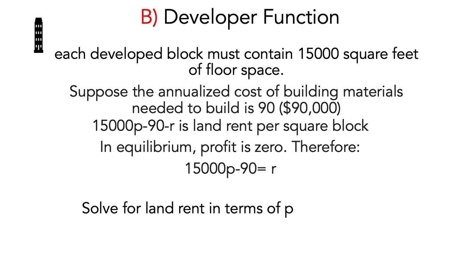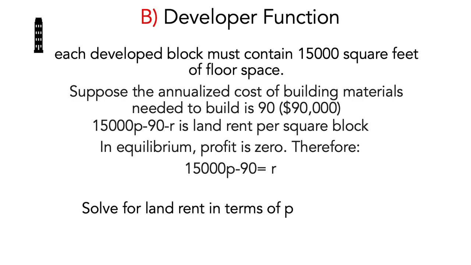B, the second question they ask. Recall that the zoning law says that each developed block must contain 15,000 square feet of floor space. Suppose that the annualized cost of the building materials needed to construct this much housing is $90,000.